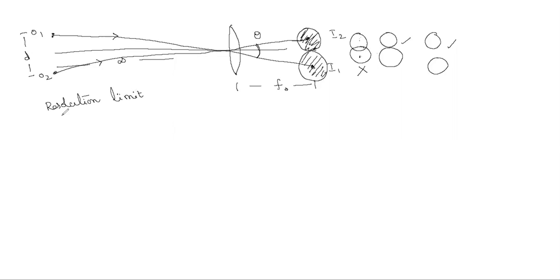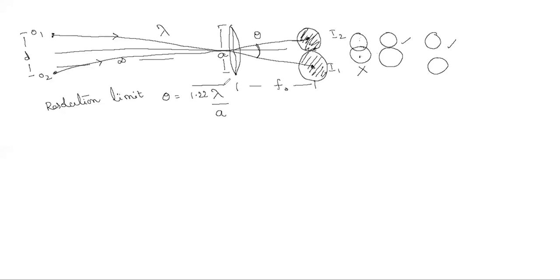The resolution limit mainly depends on, number one, the diameter of the lens. This diameter, if you take it as A, is called the aperture. It also depends on the wavelength of light incident on the lens. That resolution limit theta is directly proportional to lambda, inversely proportional to A, with proportionality constant 1.2.